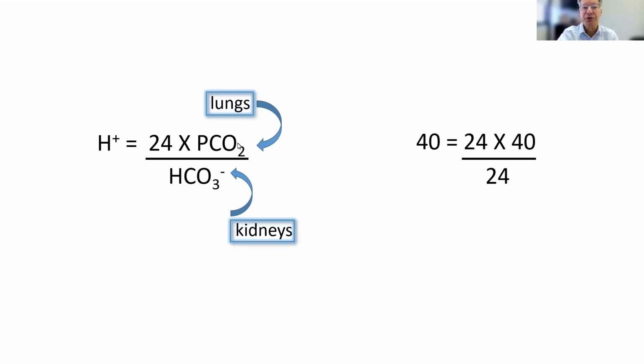So the PCO2 in the numerator is determined by what your lungs do, and the bicarbonate in the denominator represents an analyte that the kidneys maintain at a concentration of approximately 24 milliequivalents per liter. So the question is, how do the kidneys do that?